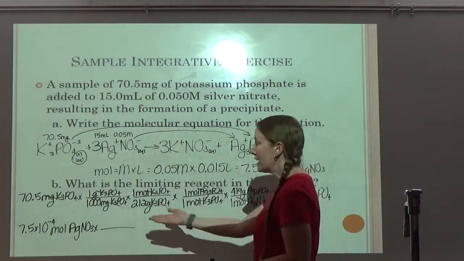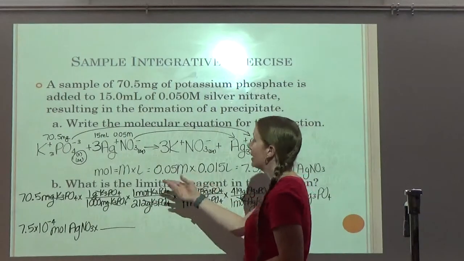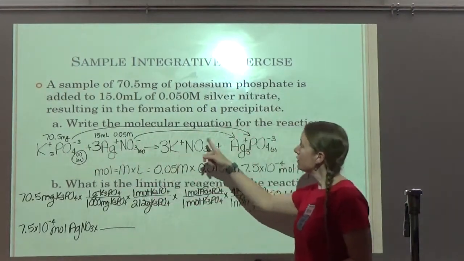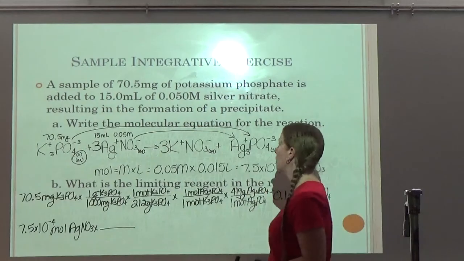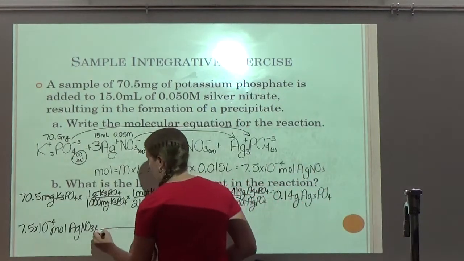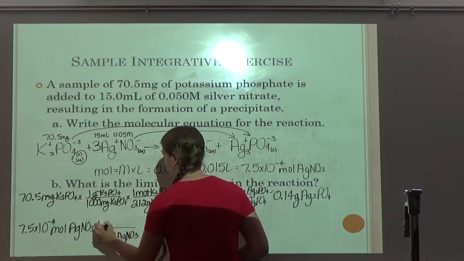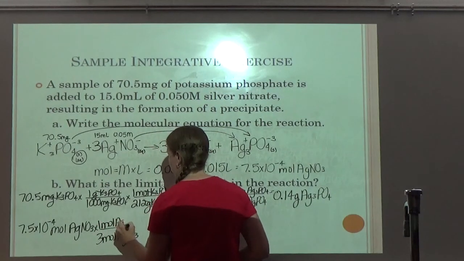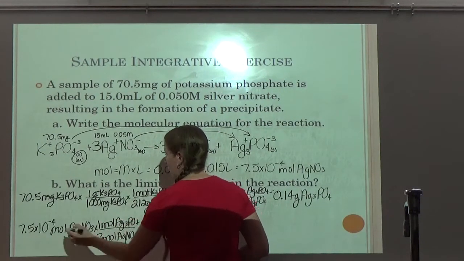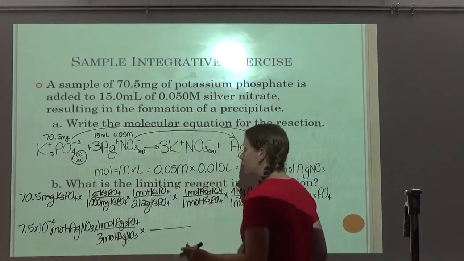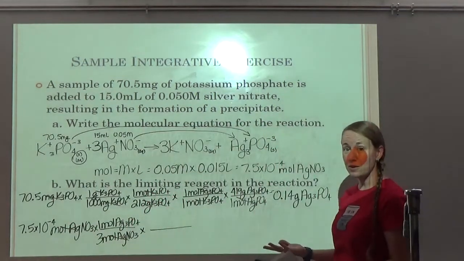Okay, so I already have moles now, so I can go directly to mole ratio. So 3 moles of silver nitrate makes 1 mole of the silver phosphate. Right, so I put my 3 moles silver nitrate on bottom. That's the 1 mole of silver phosphate on top. And then last step is, of course, to get to grams of silver phosphate.